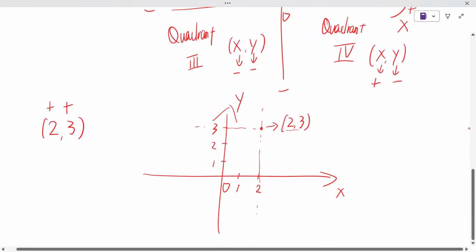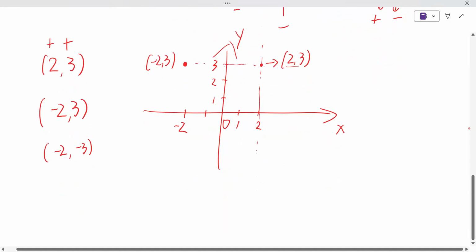Yes, both positive. Let's say we have another point, (-2, 3). Now x is negative 2, and y is 3, right here. This one is located in the second quadrant. What if they are both negative, like (-2, -3)? You will be located in the third quadrant, right here.